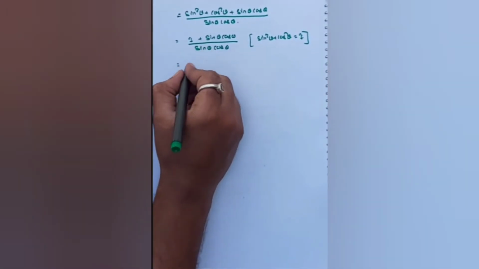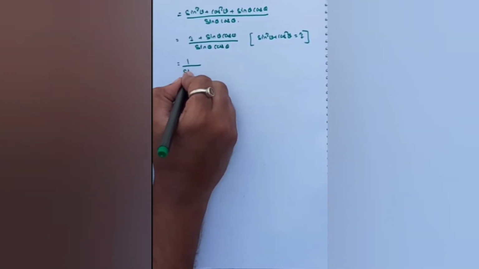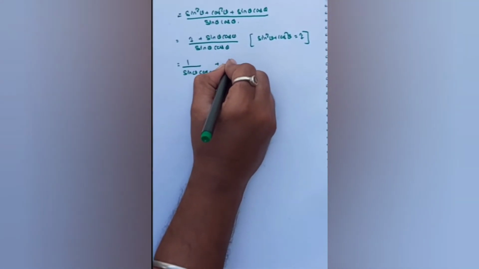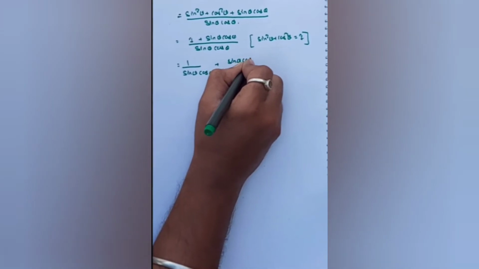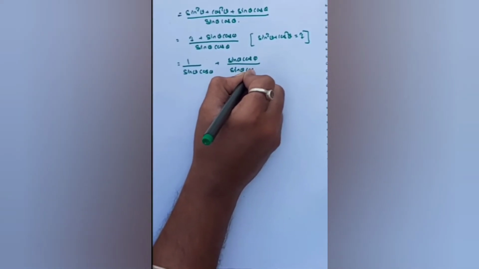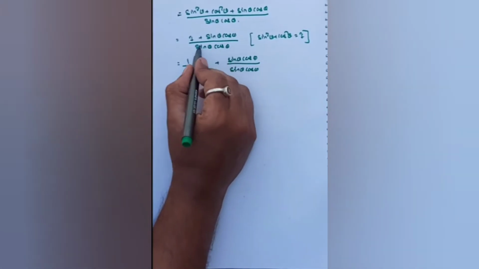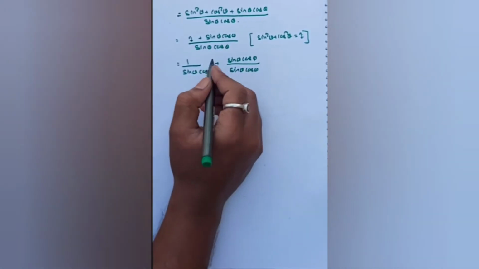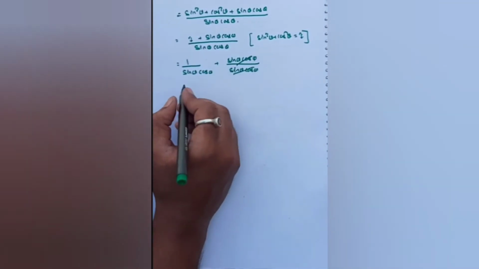So now this one we can write as 1 divided by sin theta cos theta plus sin theta cos theta divided by sin theta cos theta. So in the denominator comes this 1 also and this sin theta cos theta also. So now here sin theta cos theta get cancelled.